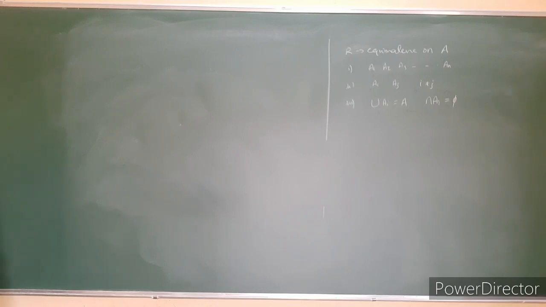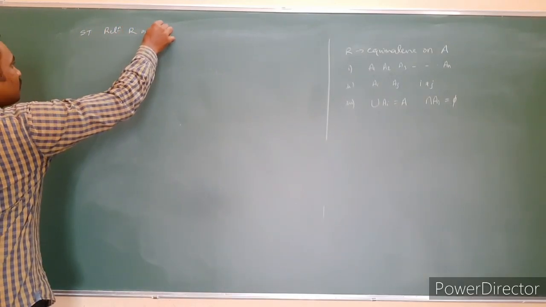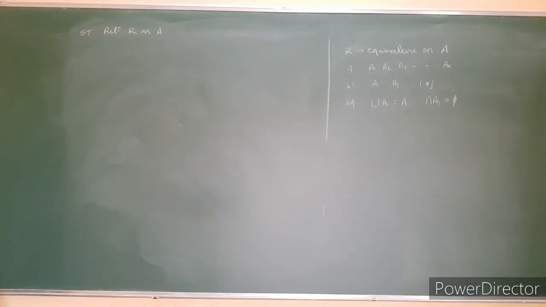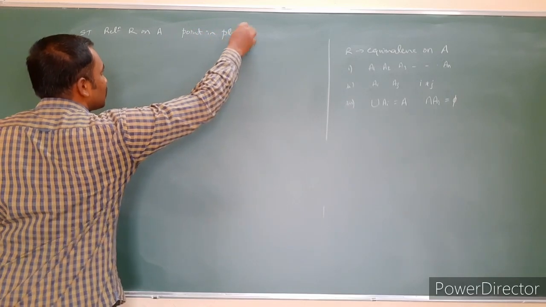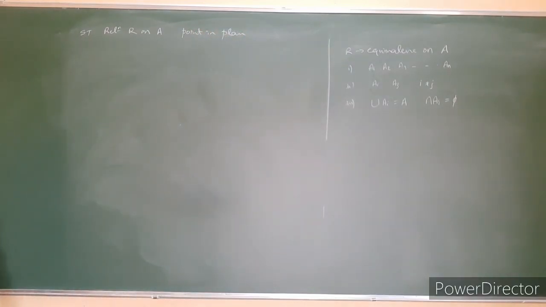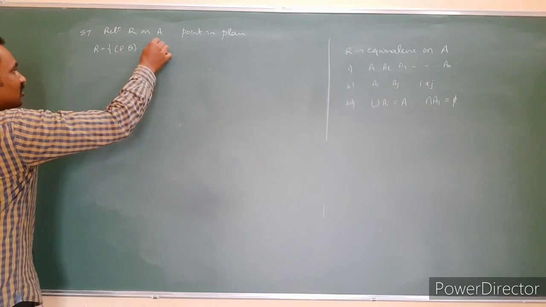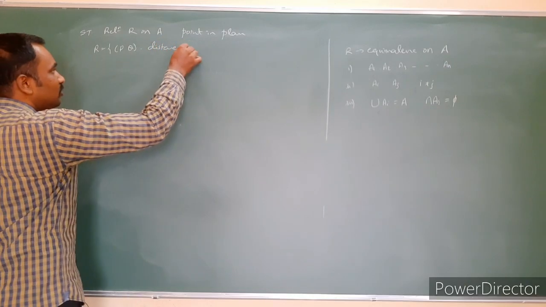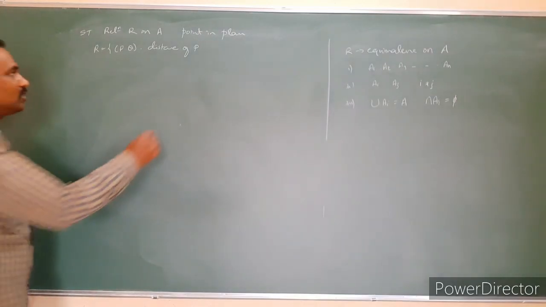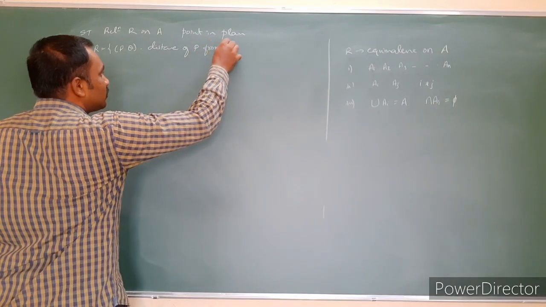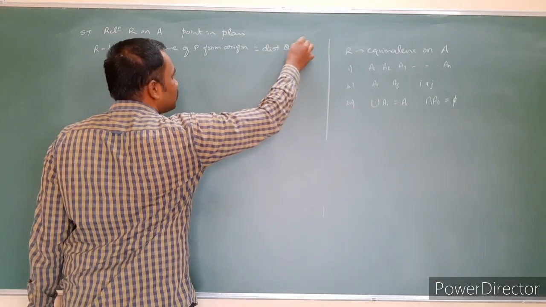Show that the relation R on a set A, which contains all the points in a plane, is defined as: P comma Q such that the distance of the point P from the origin is equal to the distance of the point Q from the origin.